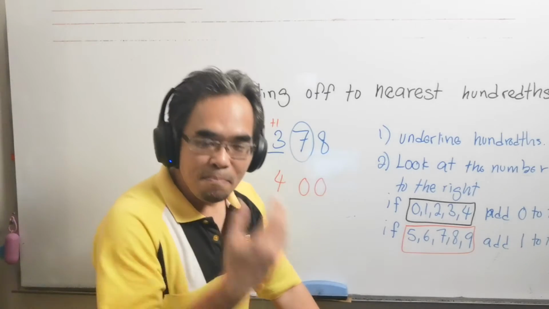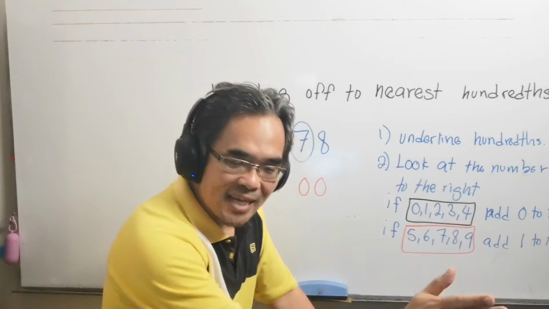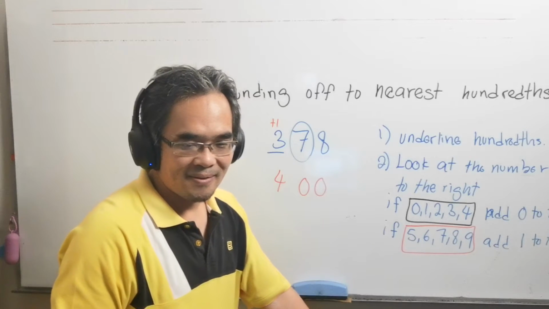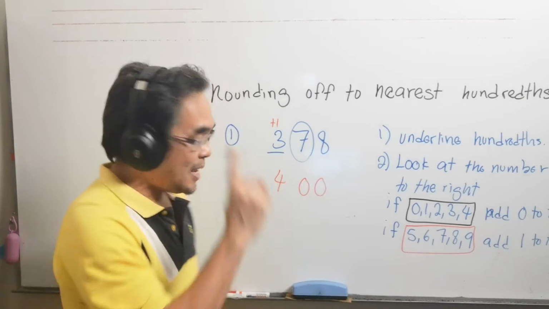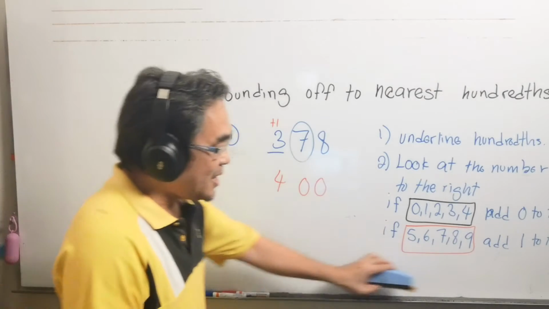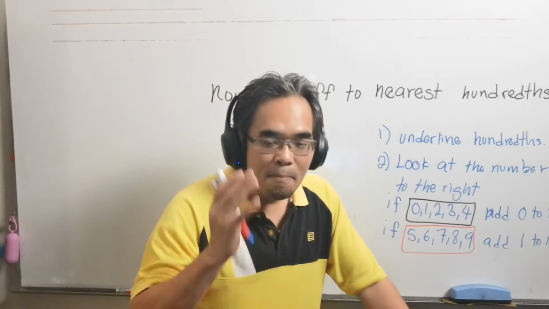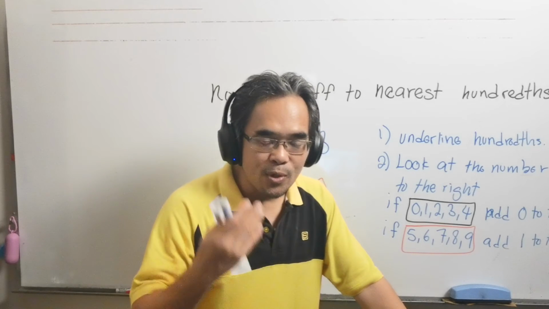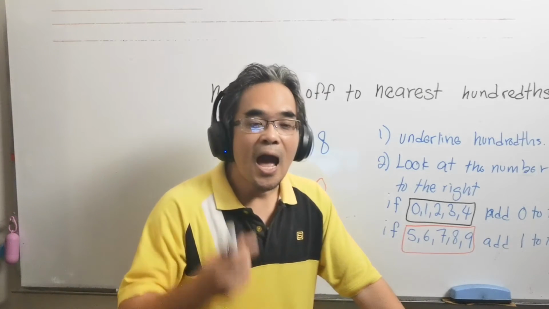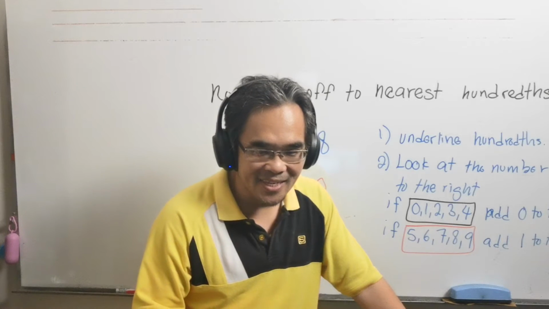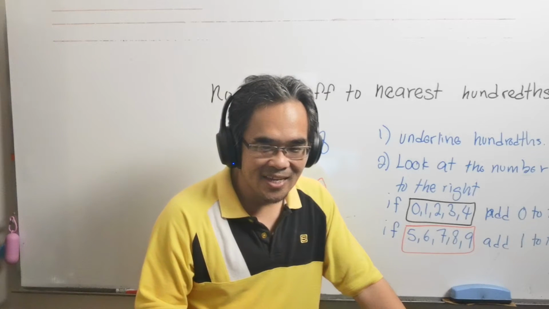Rounding off means, is it nearer to this number or that number? Don't worry, as usual, you have to practice 10 questions and I will do them with you. After the 10 questions only, you will understand. Okay?